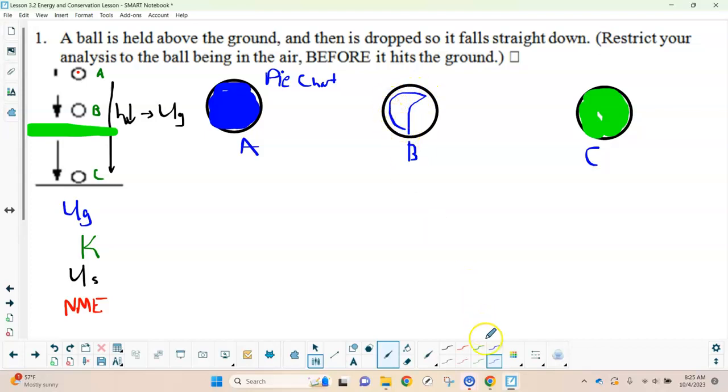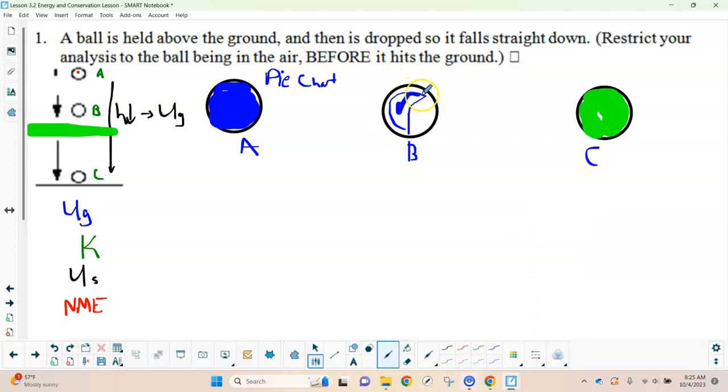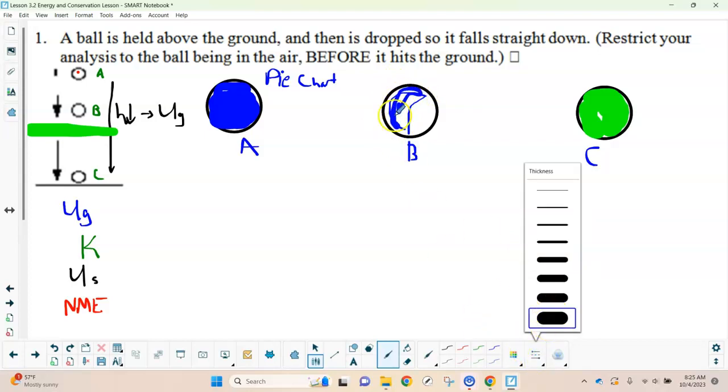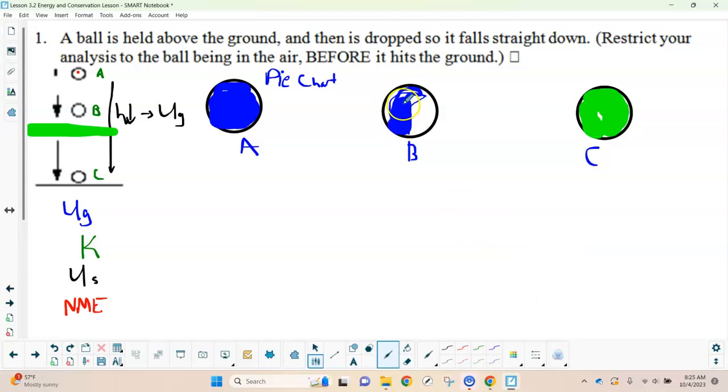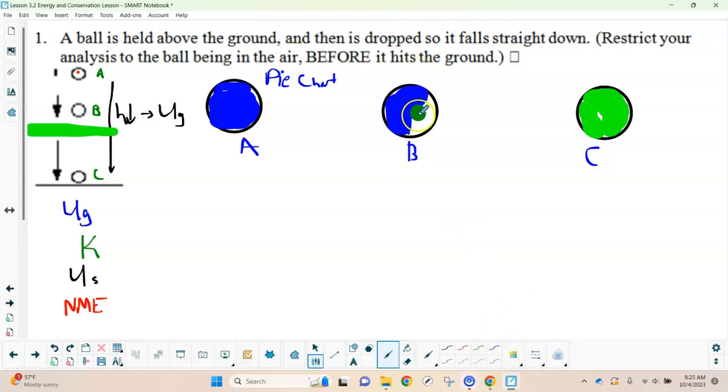So that section of the circle might be the blue potential energy, and the part that's left over is going to be the kinetic. So some of it has changed into kinetic, but not all of it yet.